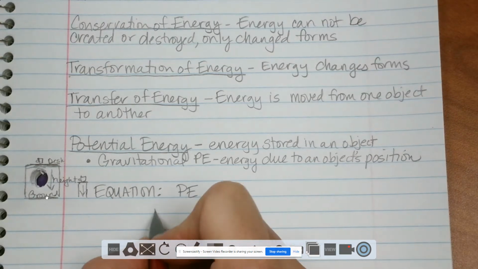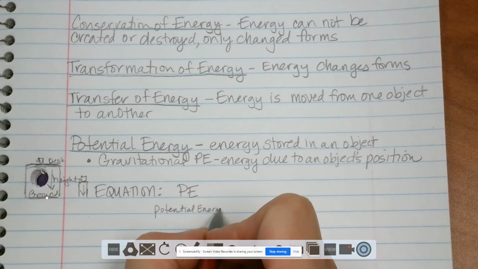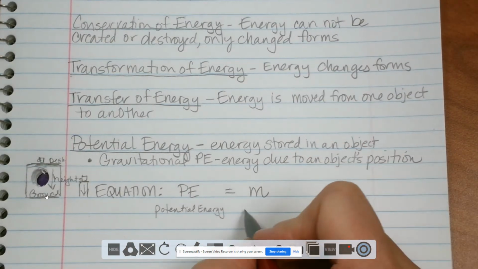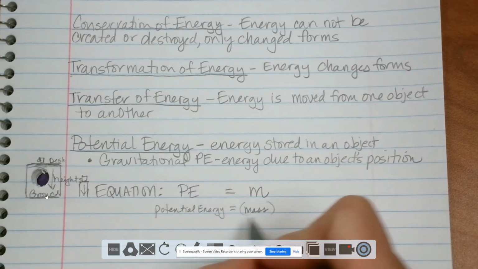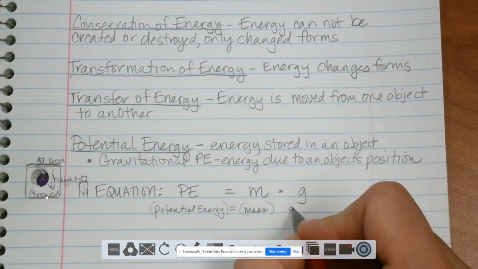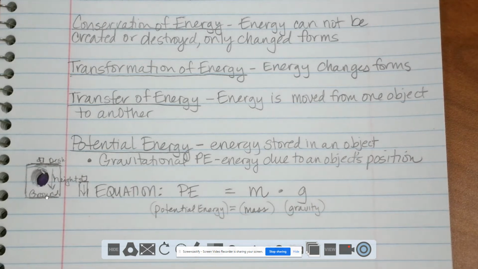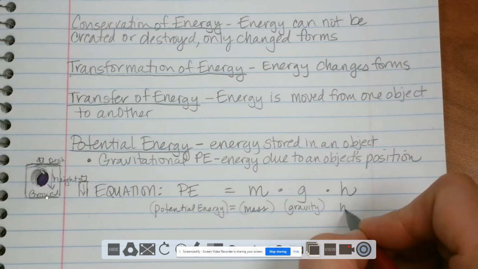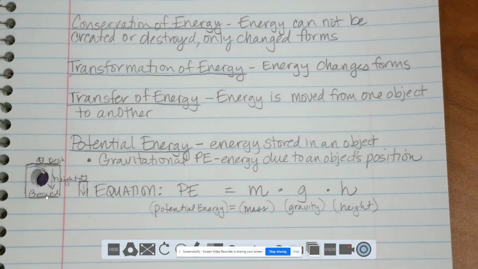PE equals M, mass, which I'll put in parentheses so we remember, times G, which is gravity, and H, which is height. So remember, height is technically a distance also.